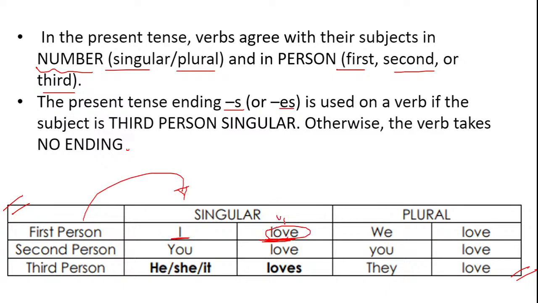Similarly for plural, whether first person plural like we love, second person or third person plural, in that condition the verb remains the same. But for first person singular and second person singular, we have seen the difference between the first, second and third person. When third person singular is used, we use the es form of the verb.